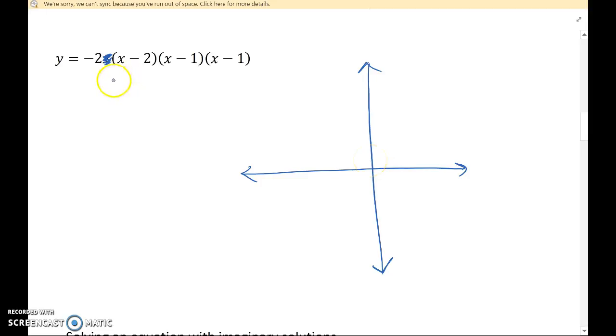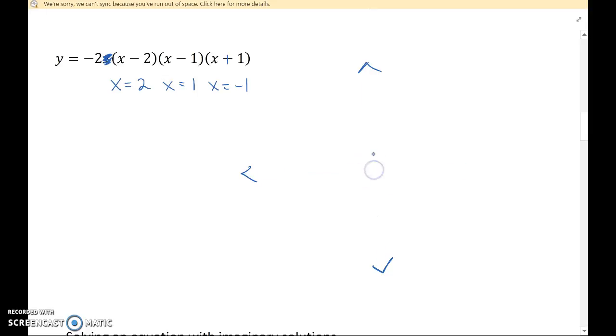Listing our zeros here, we have x equals 2, x equals 1, and let's make this a positive, or x plus 1, so we have x equals negative 1. And so we don't have an x at 0. See guys, if you make a mistake, you can just erase it. It's not a big deal.